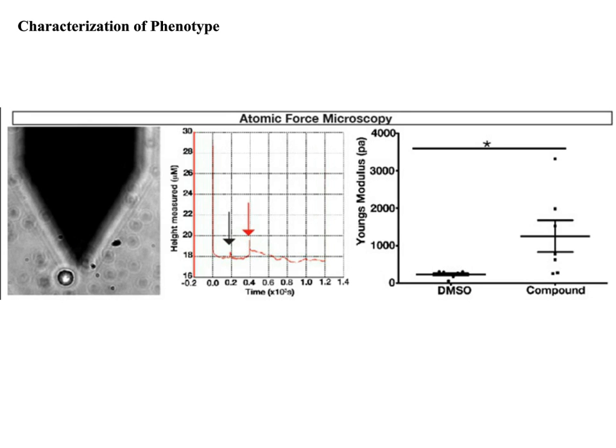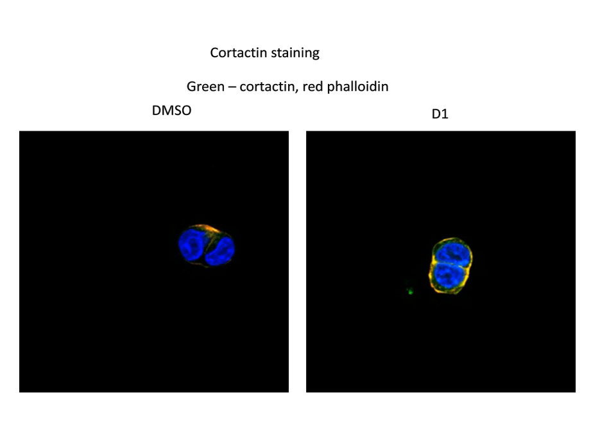So we have analyzed various markers, and we identified cortactin as a marker that moves into the cell periphery when cells are exposed to D1. Cortactin is a nucleating protein, so it causes more rigidity by making more actin filaments, and the cell becomes more rigid.